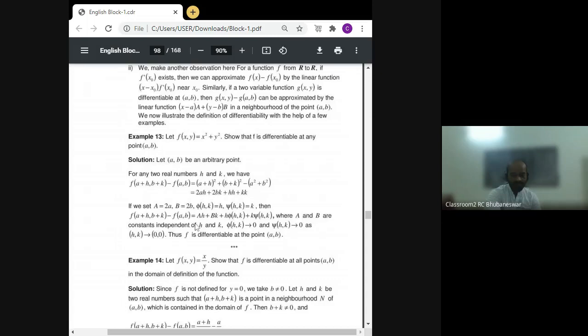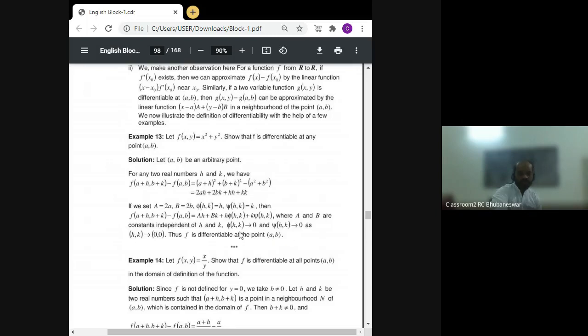So after setting these new variables and constants, the function looks like this, where A and B are constants that are independent of h and k. Now the functions approach 0 when (h,k) approaches 0, and the conclusion is clearly that the function is differentiable at that point.